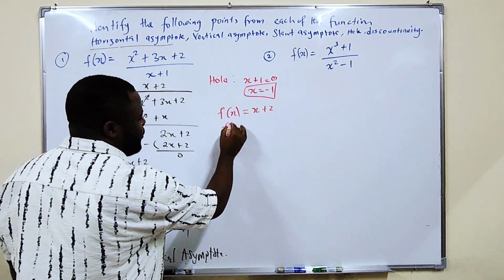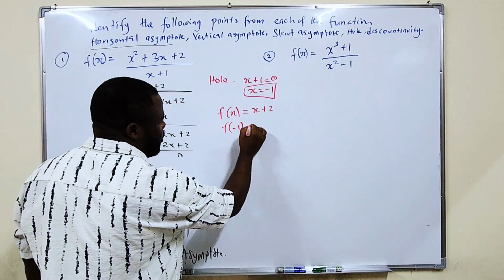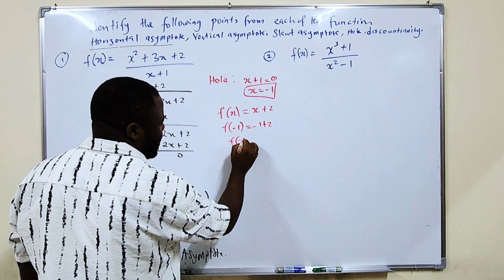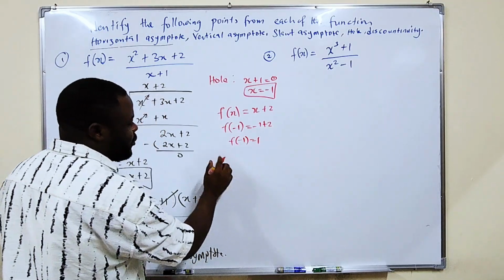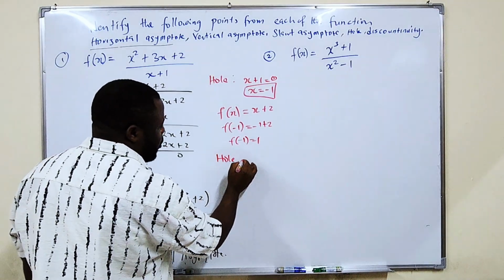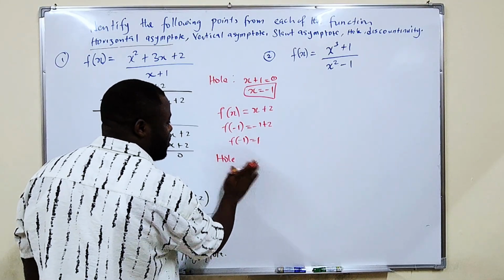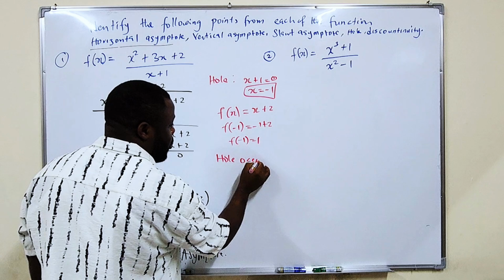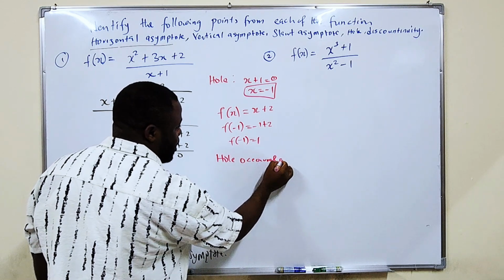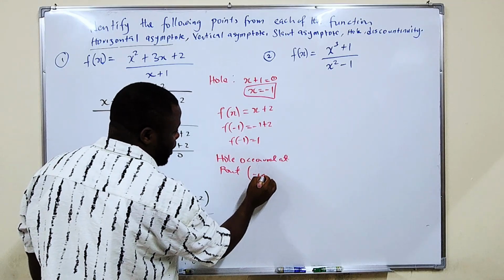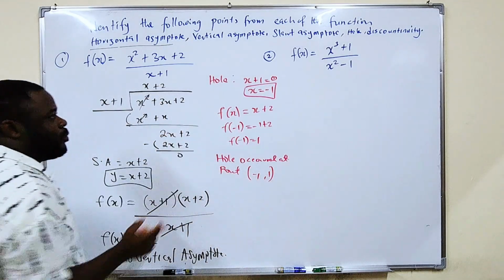So f of x here is negative 1, so I have negative 1 plus 2. f of negative 1 is going to give us 1. So the hole occurred at points negative 1 and 1.